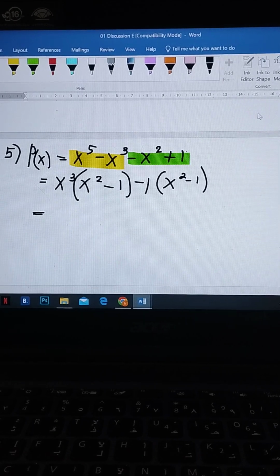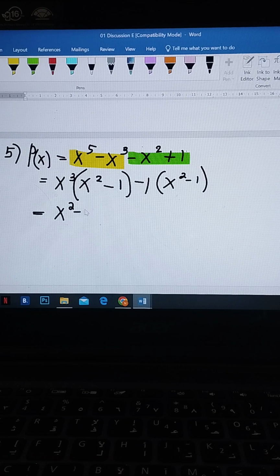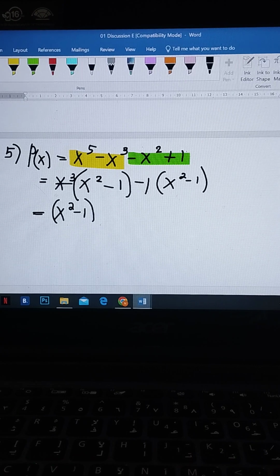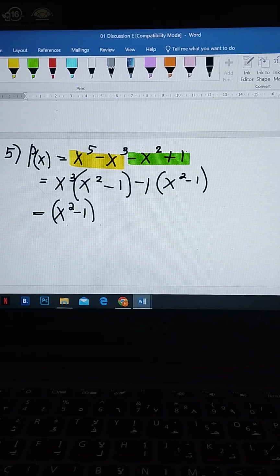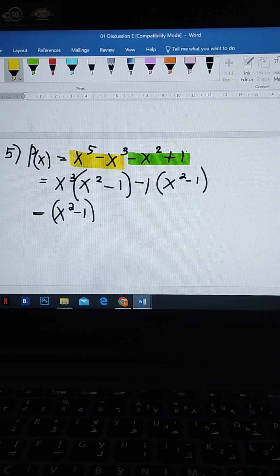We factor out the common factor x squared minus 1. Then what's the remaining? The remaining are x cubed and minus 1.